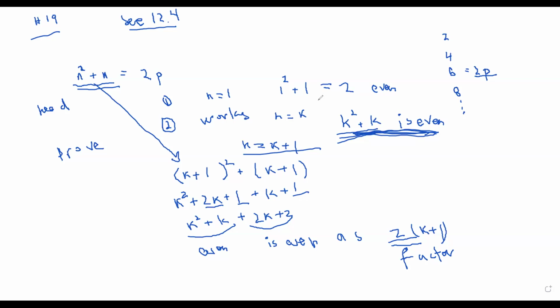We started with the assumption it works, and our goal is to prove that it works for k plus 1. So you write out what k plus 1 is and then look for what is given to you. Given is k squared plus k is already even. So I pulled out whatever we already have, and whatever is left over, I need to show was also even. So it is also even.